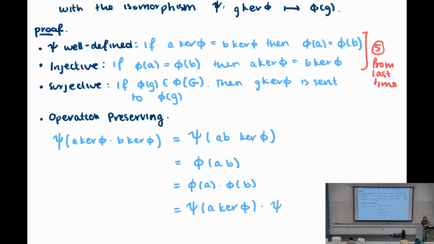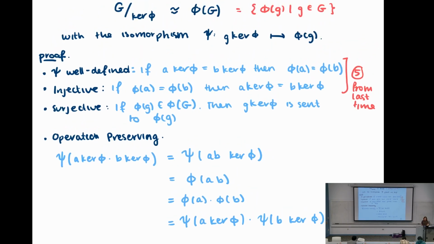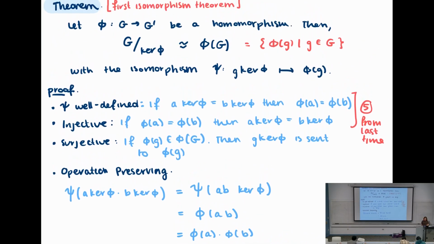That is psi of B kernel phi. Okay, so this calculation tells us that psi is operation preserving, and so that finishes the proof that psi is an isomorphism. So that is the first isomorphism theorem.